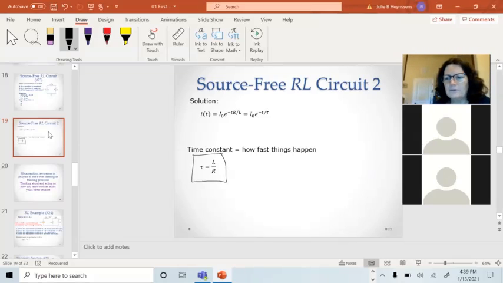The time constant is L over R. That is amazingly also going to come out to be in seconds. And when I write the equation, the exponential still has the same form, e to the minus t over tau times the initial current.